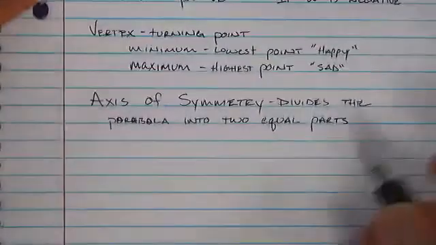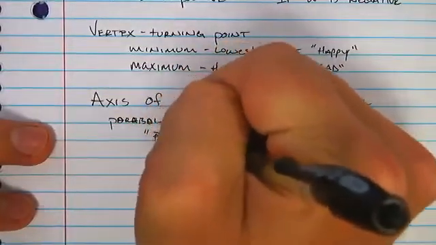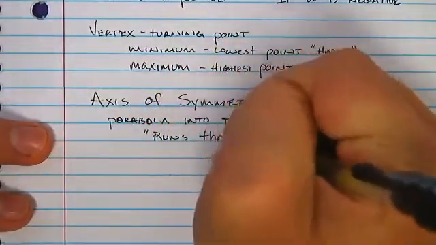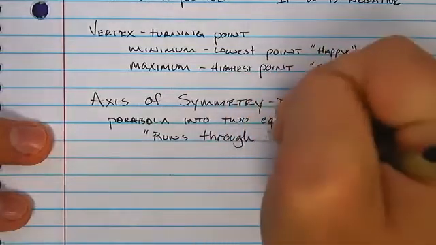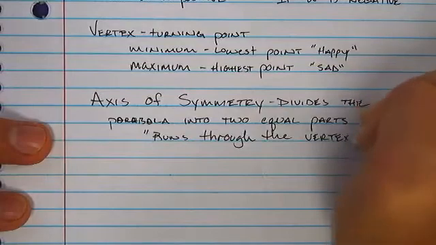So our axis of symmetry runs through the vertex. And this is very important knowledge here.